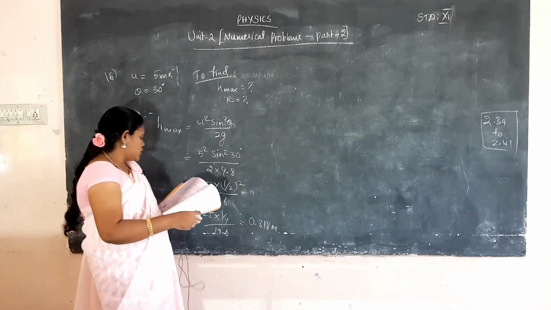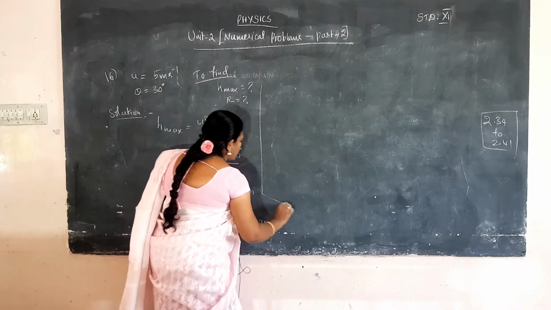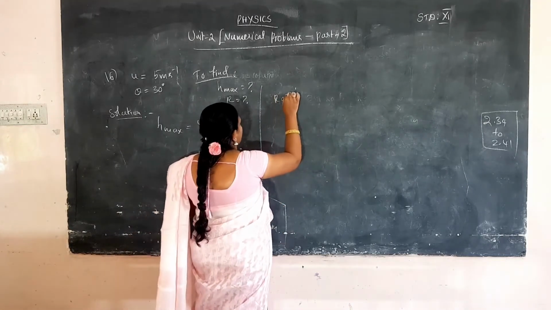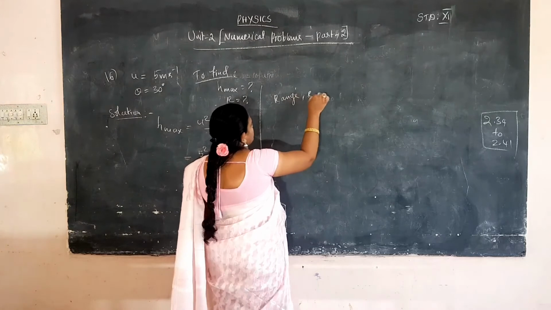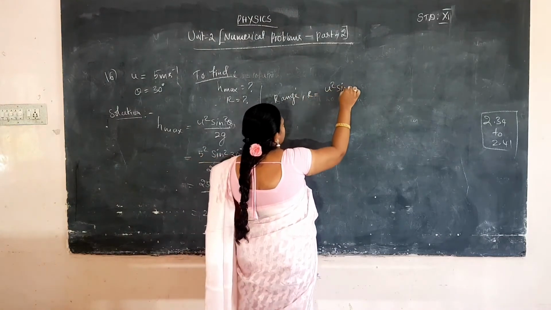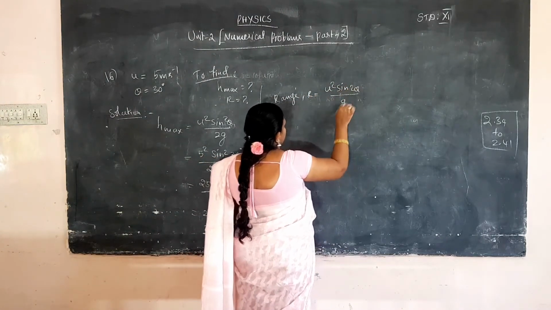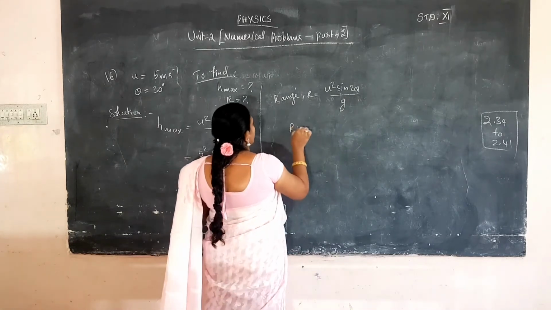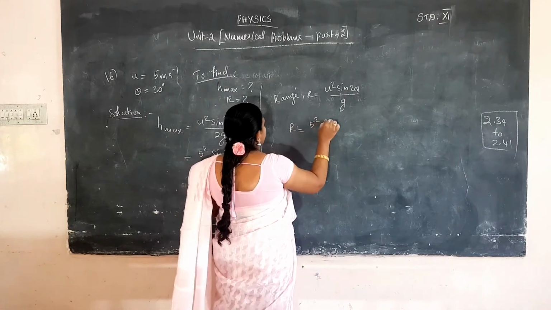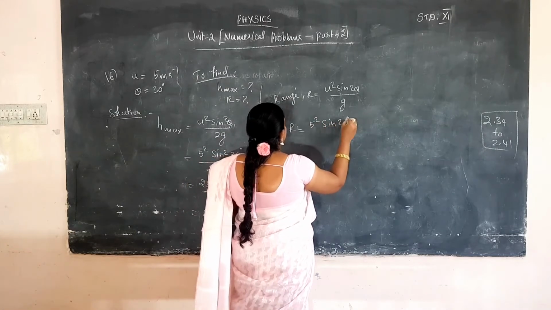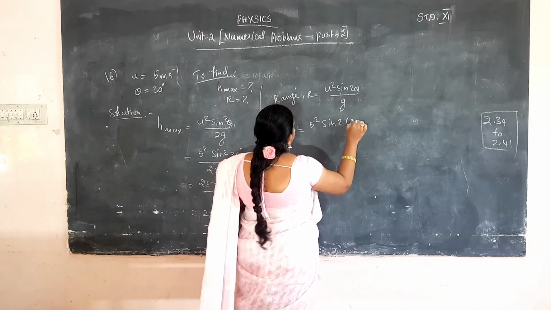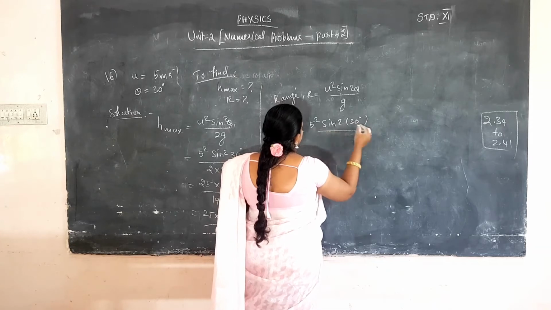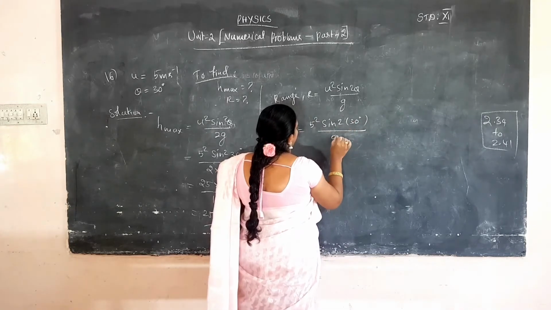And then range. The range formula is R is equal to u square sin 2 theta by g. Substitute the u value, the theta value and the g value. So R is equal to 5 square sin 2 into 30 degree by 9.8.